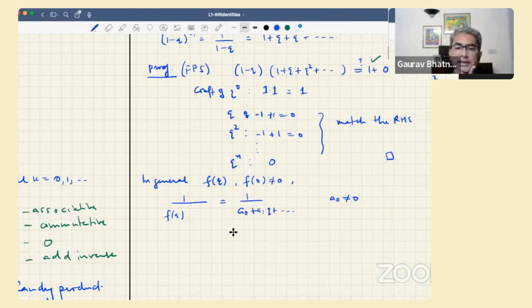If that happens, then I could take out the a_0 here, and I'll get 1 over a_0 times 1 minus, I'll do two minuses, so minus a.